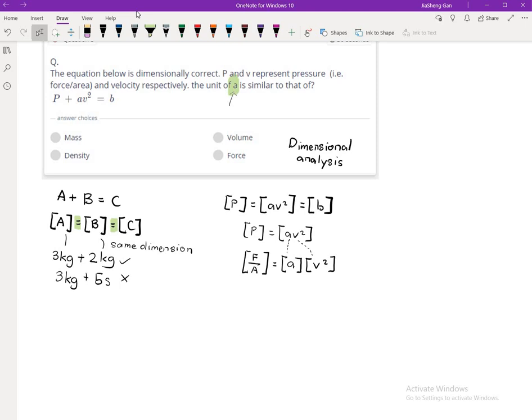If you multiply two things together, the dimensions don't have to be equal, but the dimension of the product will be the product of the dimensions themselves. Okay, so we are finding the dimension of A. This is what we are interested in. Let's find the dimension and let's break it down even further just to make sure you're not confused.